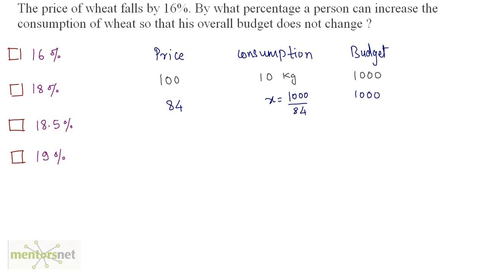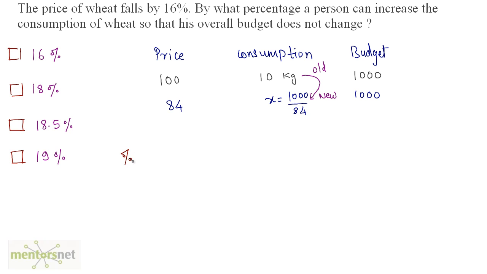Now it is said that the consumption is increased from 10 kg to this X, 1000 by 84. So this is the old value and this is the new value, and we have been asked by what percentage this consumption must be increased.